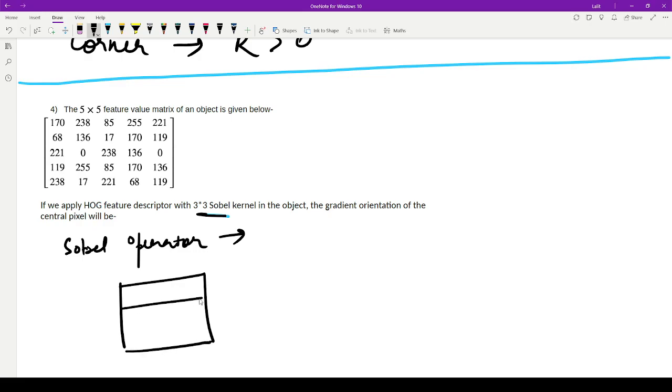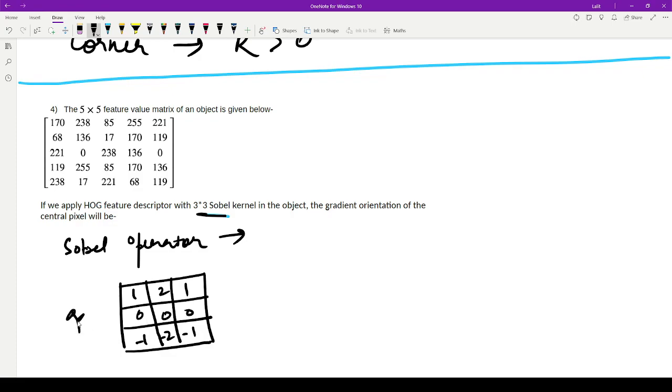Yes, anyone? 1, 2, 1, and then minus 1, minus 2, minus 1, the bottom and top rows. So for which direction is it? For x. For vertical, yeah. Vertical is one.